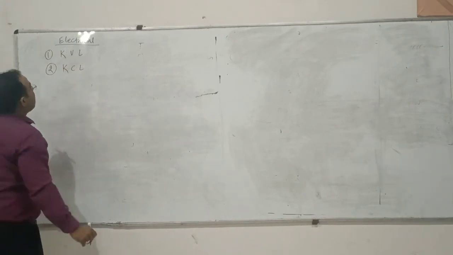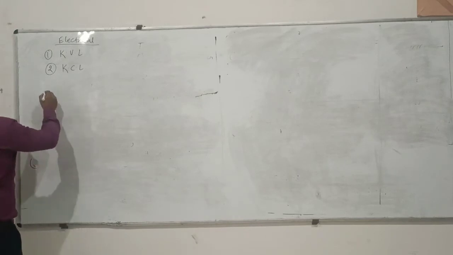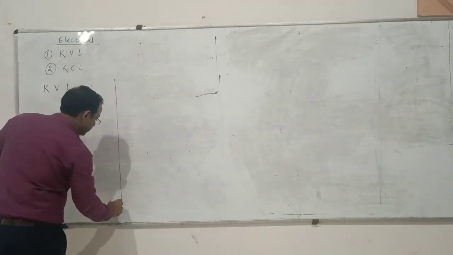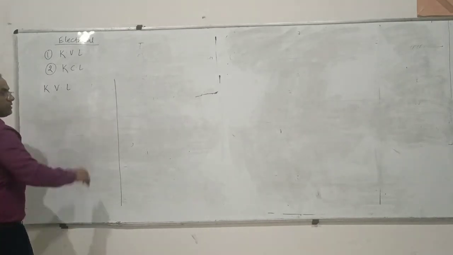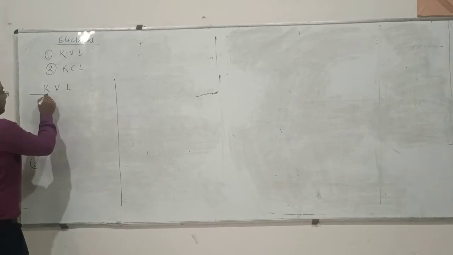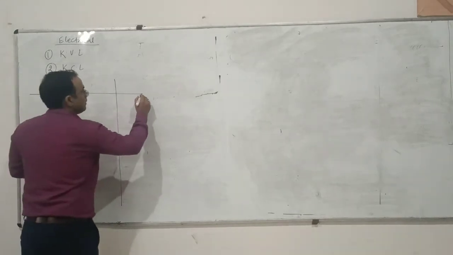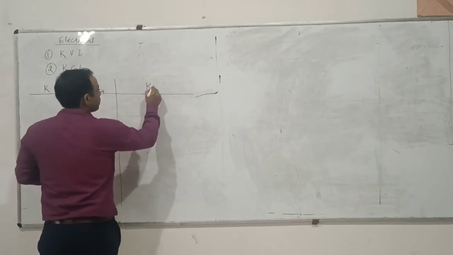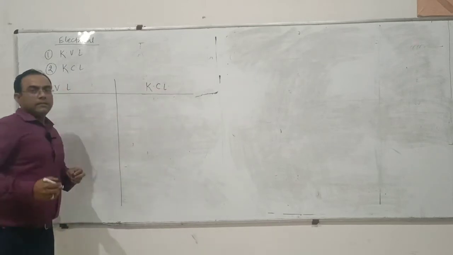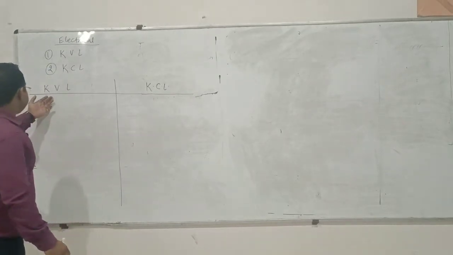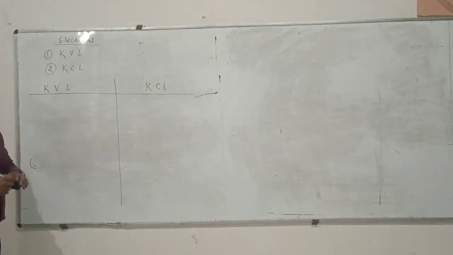Okay, so in electrical system, in case of KVL, we can write the equation of all the three systems like inertia, damping and spring, and also in the case of KCL we can write all the terms in the form of current. Okay, here we write the equation in the form of voltage.